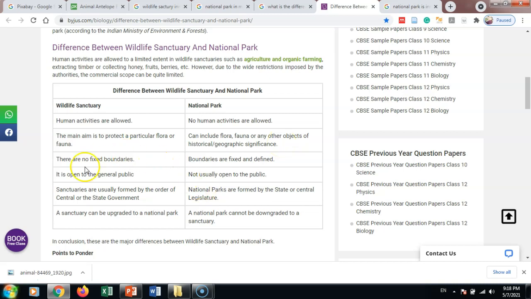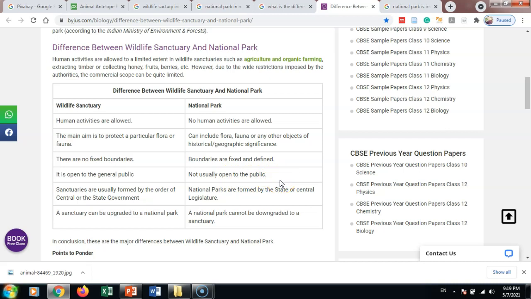Then there are no fixed boundaries of a wildlife sanctuary. In case of a national park, boundaries are fixed and defined. A wildlife sanctuary is open to the general public, and a national park is not usually open to the public.